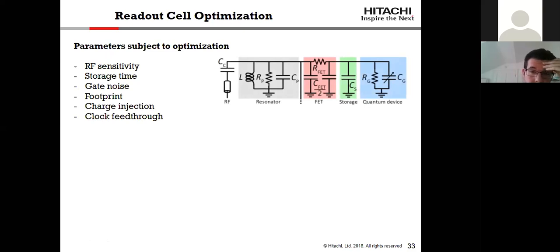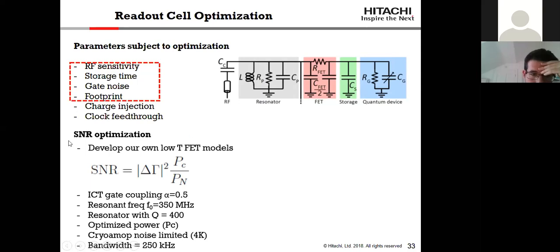In order to do a proper optimization, you need a nice circuit equivalent of your unit cell, which contains the circuit equivalent of your quantum device, a storage capacitor, the field effect transistor that is used for accessing the quantum device, and your resonator. You can do an optimization based on your RF sensitivity, say your storage time, the noise on the gate, and the footprint.